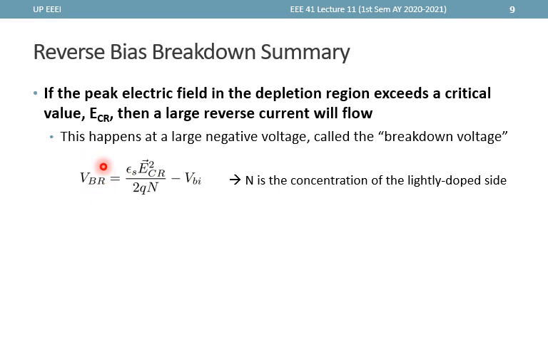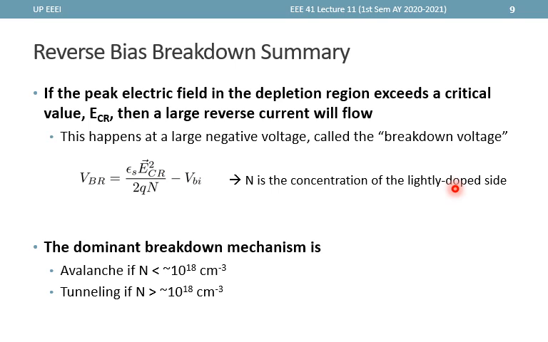We are actually using VBR as some positive quantity, and this is the expression based on the critical electric field and the doping N, which is the doping concentration at the lightly doped side.